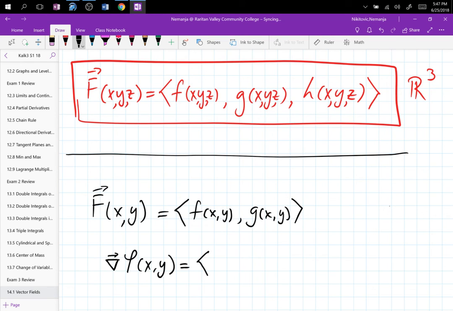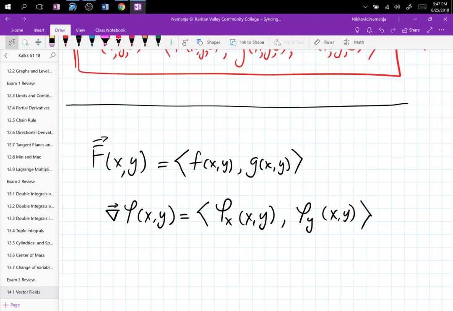So this is going to be phi x, which is actually notation that we are going to see in 14.3, and the phi y. And these are, as you can see, partial derivatives. So I'll just say these are the same. The right-hand side is a vector of two functions. So that function is either given to you or you found it, but they are the same.